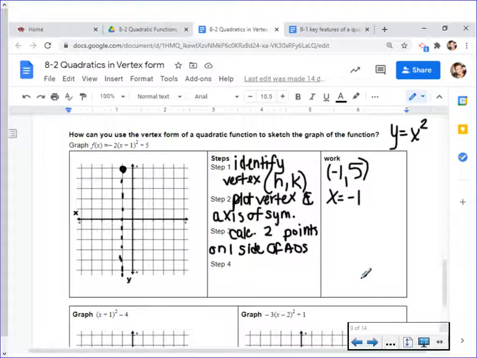So we're going to replace x with whatever we want as long as it's going to fit on our graph.